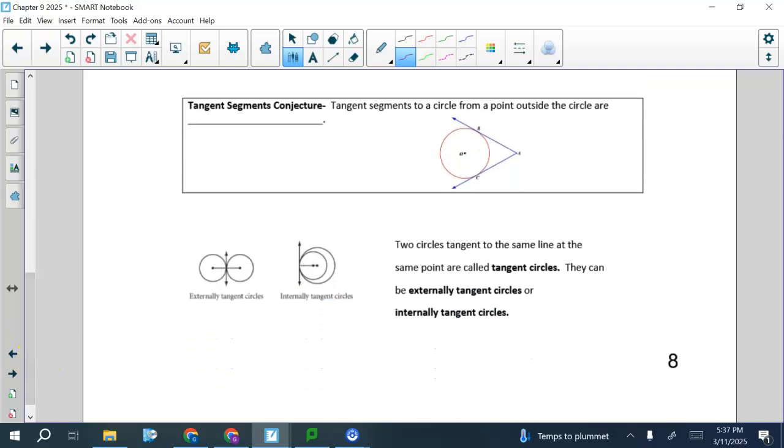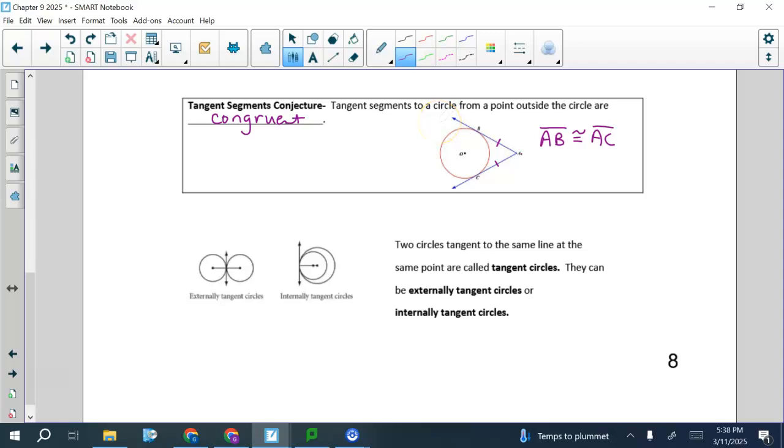And finally, the tangent segments conjecture says tangent segments to a circle from a point outside the circle are congruent. So right here in this case, we would say AB is congruent to AC, as long as they meet up at that same exterior point and are both tangent to the circle.